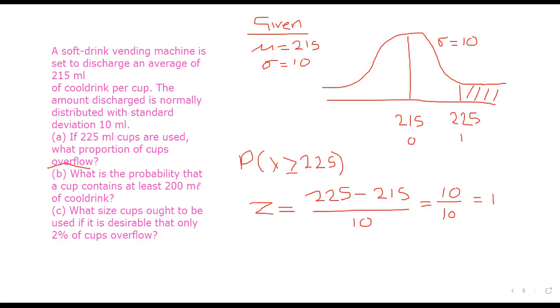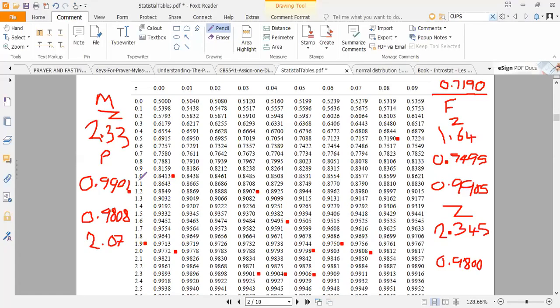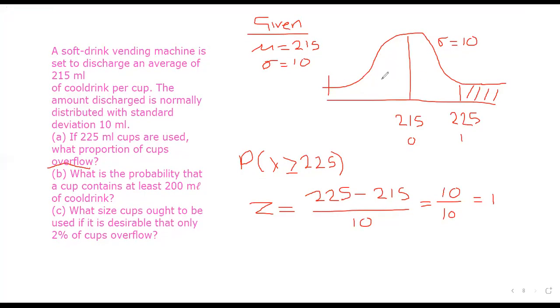So when we check the reading for 1 in the table, what does it take us to? You should memorize this; 1 should be at your fingertips. 0.8413. So 1.0 is 0.8413. Do we read directly or subtract from 1?